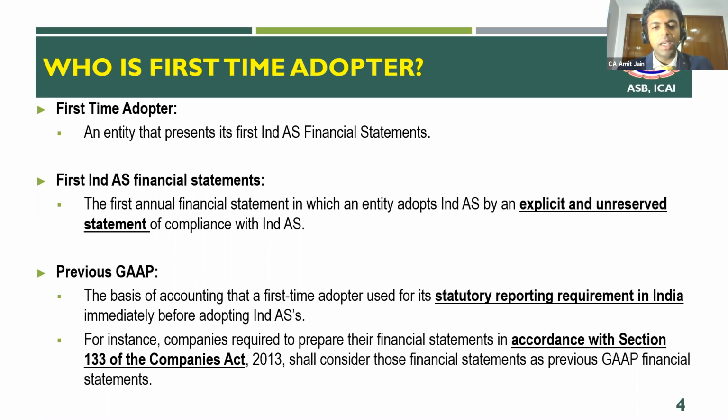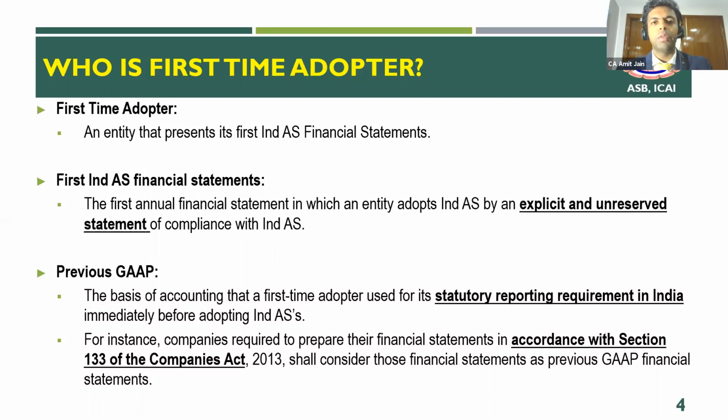So previous GAAP means any basis of accounting used by the first time adopter for the purpose of statutory reporting requirement in India immediately before adopting IND-AS. So if any company has adopted any GAAP which is used for the purpose of statutory reporting requirement in India before adopting IND-AS, that is considered to be a previous GAAP.